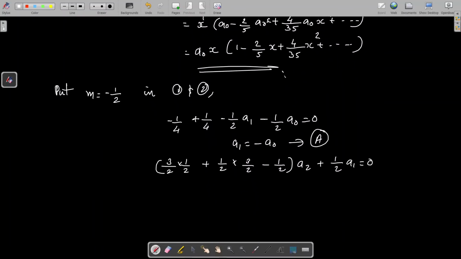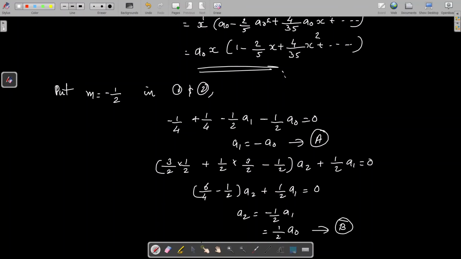So the equation becomes, on solving, 6 by 4 minus 1 by 2, a2, plus 1 by 2 a1 equal to 0. Or you will get a2 equal to minus 1 by 2 a1. And what is a1? a1 is minus a naught. So this is equal to minus 1 by 2 into minus a naught, that is 1 by 2 a naught. So this is the next expression. Okay.